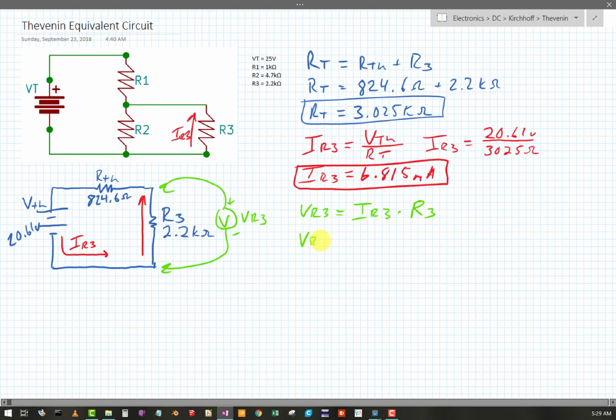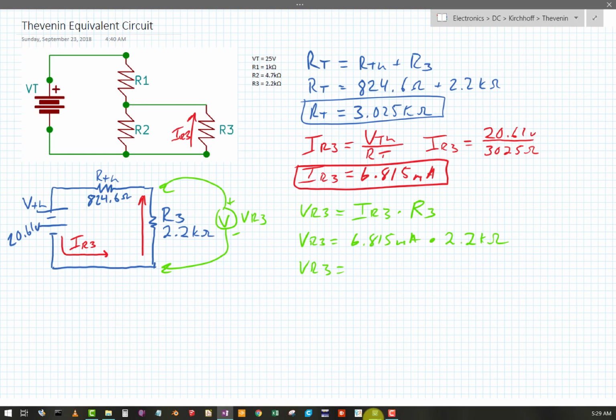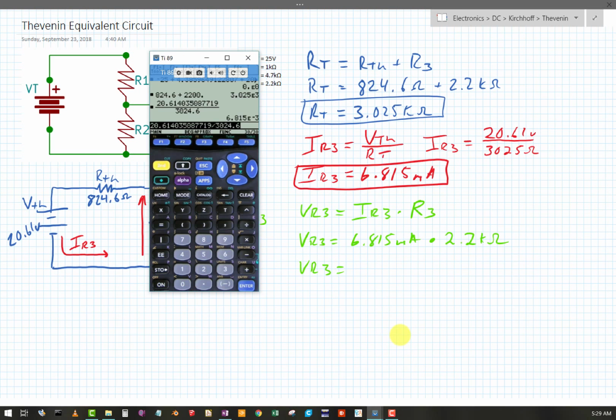Okay, so VR3 equals that 6.815 milliamps times the value of R3, which is 2.2k ohms. VR3 equals, alright, here's the moment of truth. Well, this isn't the moment of truth, but we've got a number.